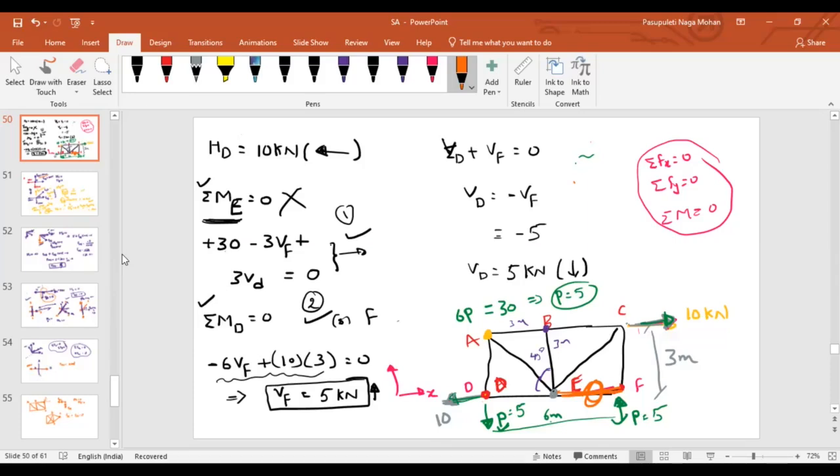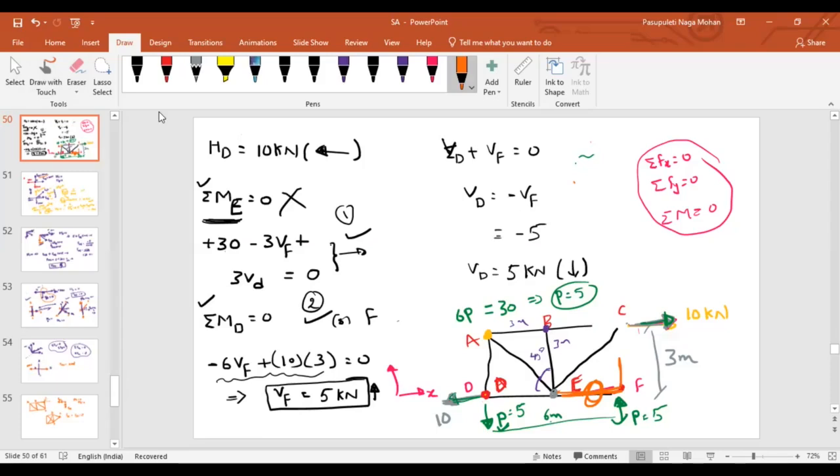Compression or tension? Tension. This is where it matters. Compression or tension in CF? Now imagine, I should draw a line, and then I should represent an arrow away from or towards the joint. Here my arrow is in which direction? Force P is upward.